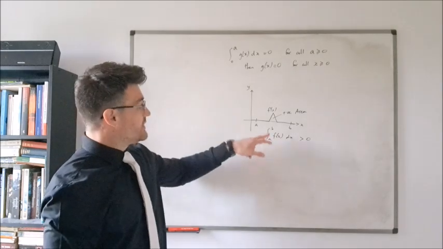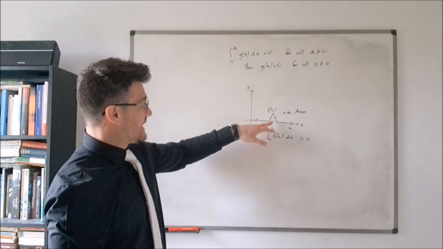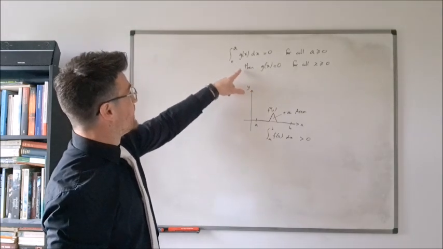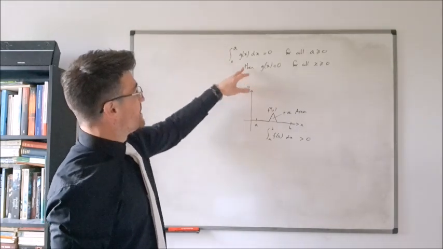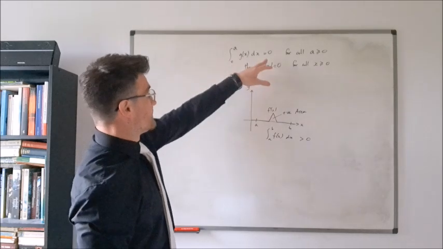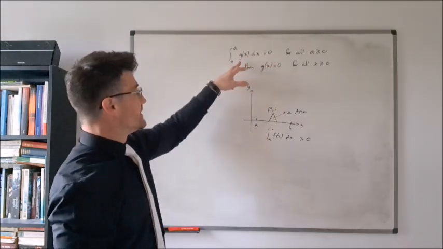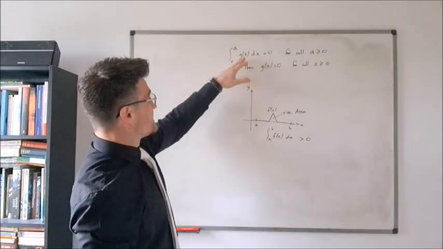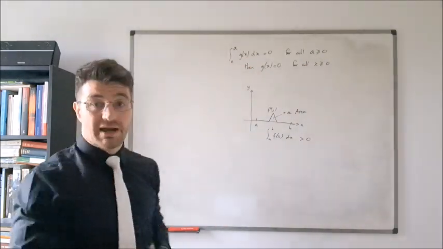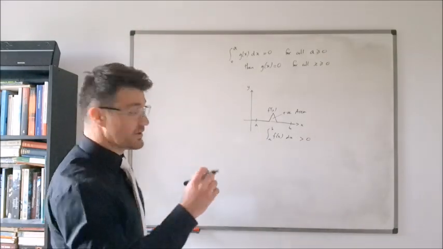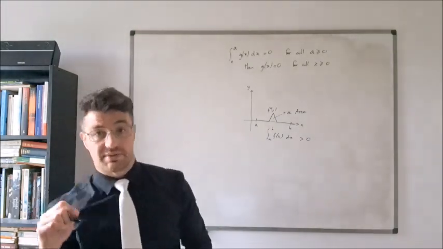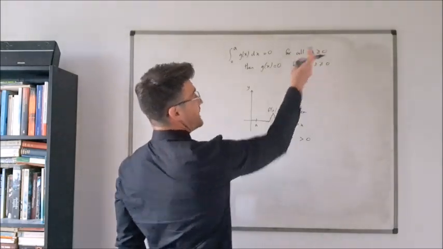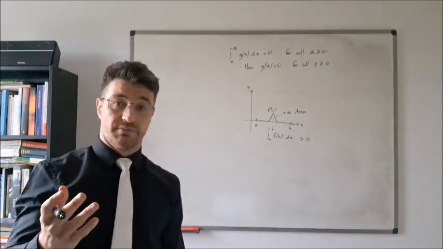So the only way that this integral could be equal to 0 for all a greater than or equal to 0, by the way, is if g of x is equal to 0. Now it might be that the function is a bit above the x-axis and then a bit below, and it might exactly cancel out. But notice that this is true for all a greater than or equal to 0, not just for some.